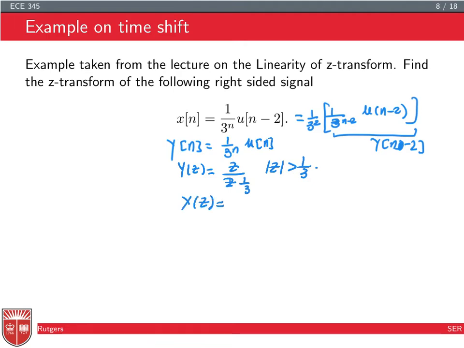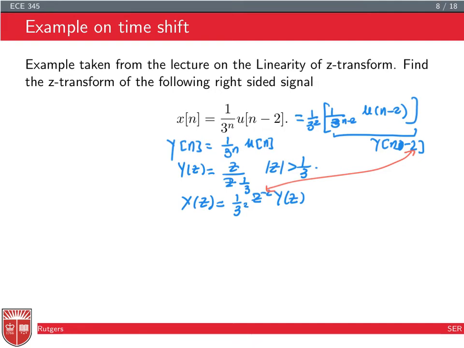By linearity, X of z is 1/3 times the Z transform of y of n minus 2, which is z to the power minus 2 times Y of z. The minus 2 comes from the shift. And actually, instead of 1 over 3, this should be 1 over 3 squared, because it's 1 over 3 squared there.